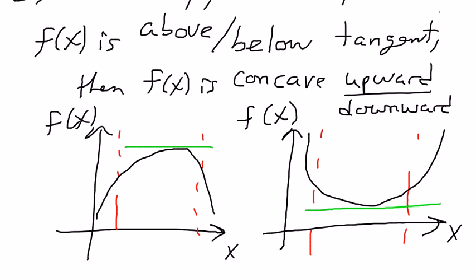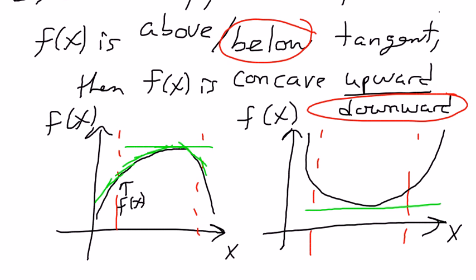So, like we said, if f(x) is above or below the tangent, so what's going to happen is that here, when you write your tangents along each part of the line, and remember, you're going to have straight lines that will become tangents to it at every single point. Now here, the function itself, f(x), is on the bottom. So due to our definition from above, if it's below, it's concave downward.